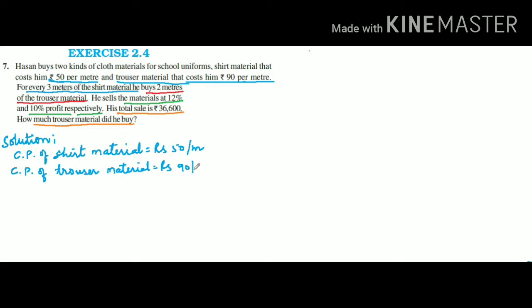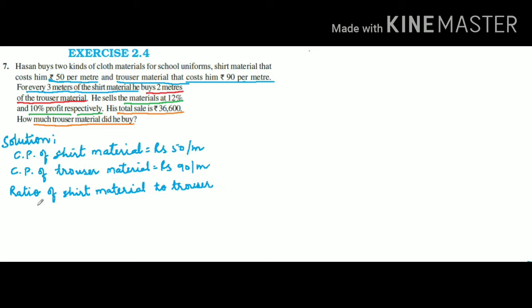Let's start the solution. Cost price of the shirt material is rupees 50 per meter. Cost price of trouser material is rupees 90 per meter, and we are also given the ratio of shirt material to trouser material. Because it is clearly written, I have underlined it with red color.